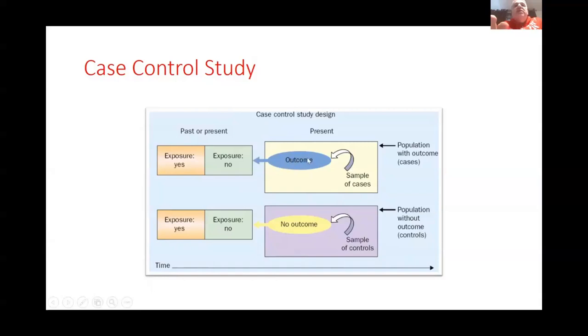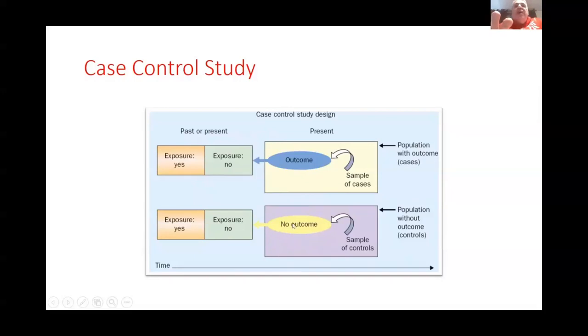So as you see, this is the sample of cases. It should be based on their disease, on their outcome, and we investigate to see if they were exposed or not. And it could be, as I said, into the past or future.